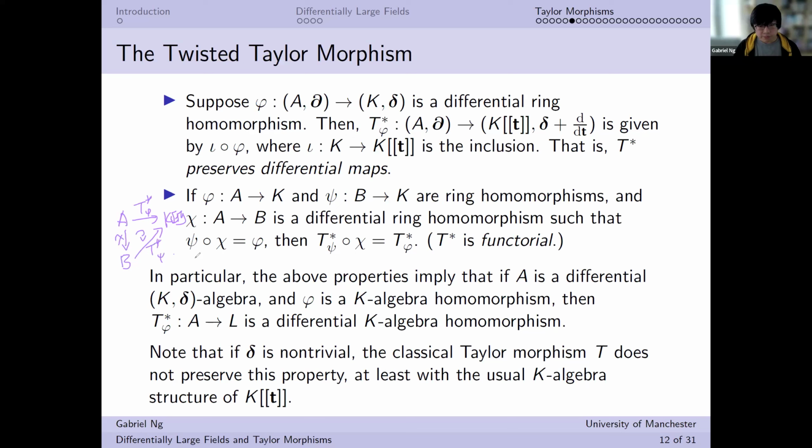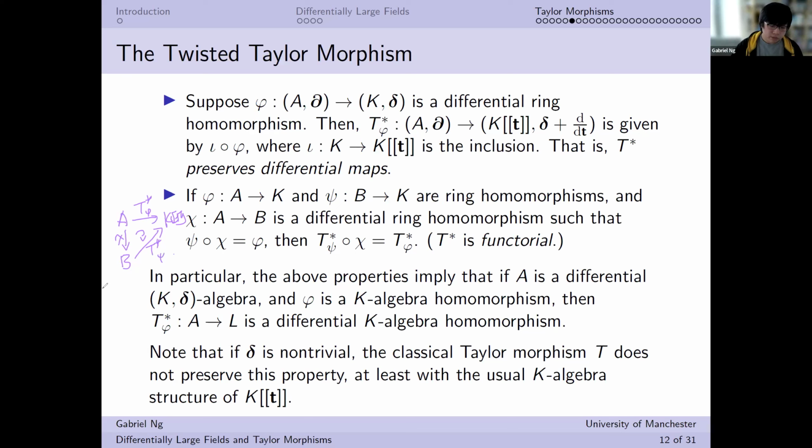So in particular, if this ring A is already a differential K delta algebra, and if phi is a K algebra homomorphism, then this T star phi going from A to K double bracket T is then a differential K algebra homomorphism. Because you can replace this with K, and this is the structure map, and the commutativity of the triangle implies that you preserve K algebra structures.